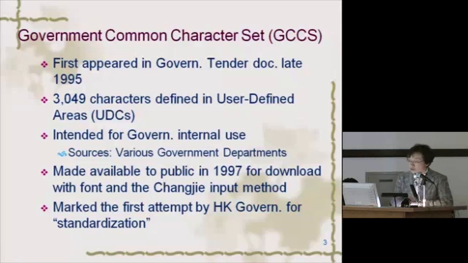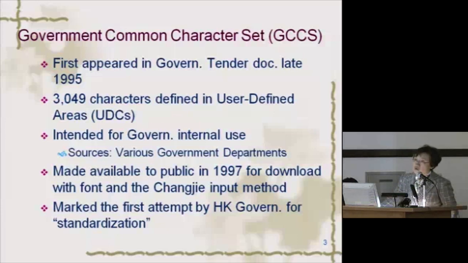Eventually, because of computerization in Hong Kong, the Hong Kong government was under pressure to make all this information available to the public. So in 1997, the Hong Kong government provided this set of characters to the public for download, because under the Big Five system, you can add the font.